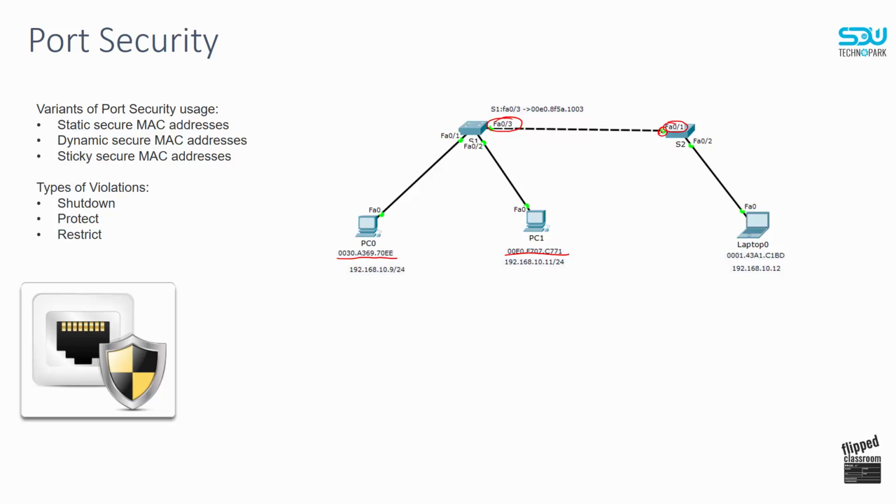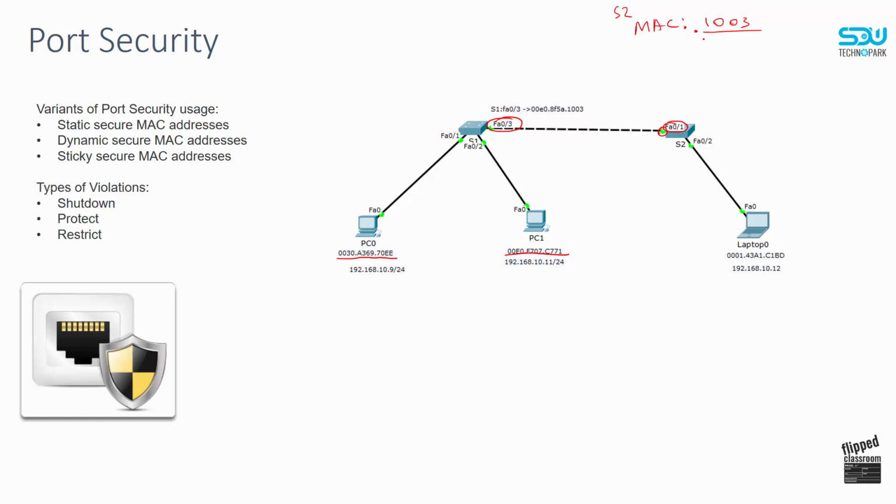For example, when switch 2 is connected with switch 1, in the MAC address table of switch 2 you will see this value 1003. It will be learned automatically, and afterward, when computer 0 or computer 1 tries to make a connection, switch 2 will also learn their MAC addresses.